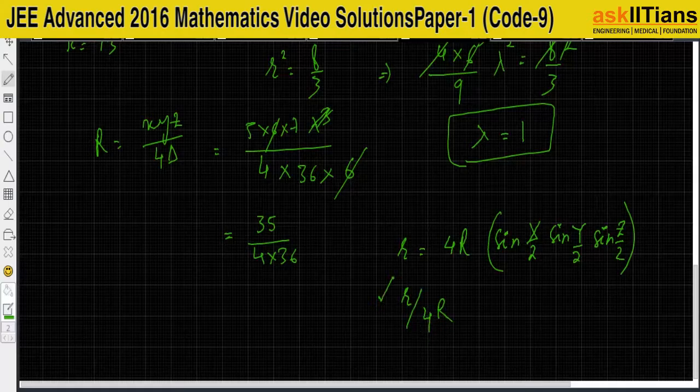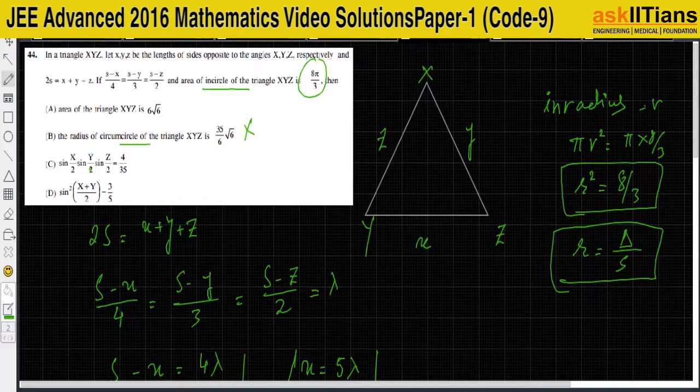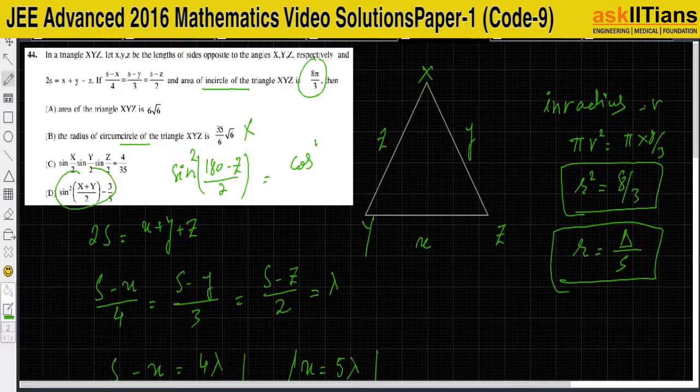Now actually I know r, I know capital R, so I can find out the value of r by 4R. And this part is sine square of x plus y by 2. So sine of x plus y by 2, I can write it as 180 minus z by 2. And square of this will be nothing but cos square z by 2.